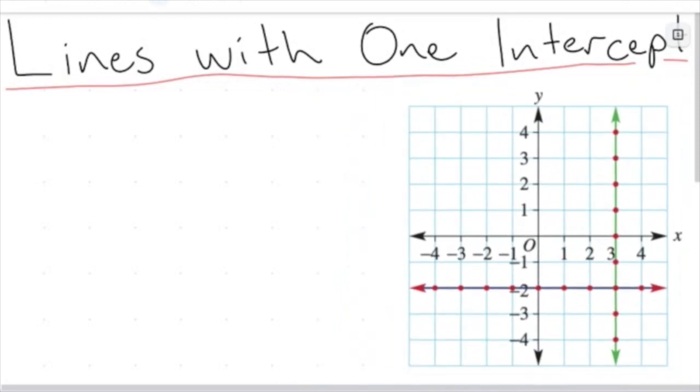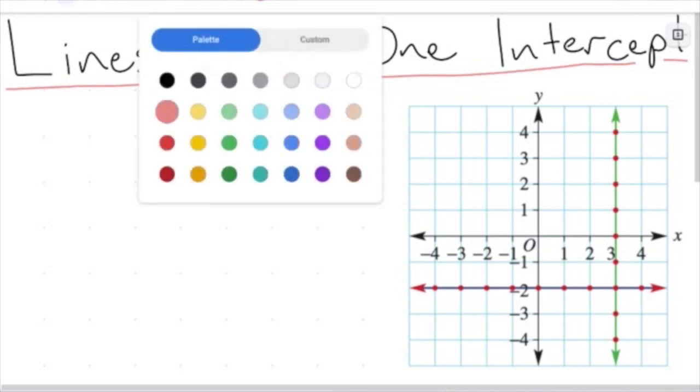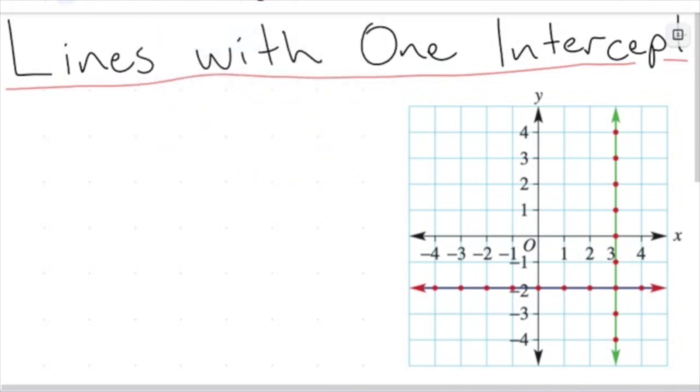Now, I'm going to move this over to this side, and I want to first look at this horizontal line. Taking everything we know about linear relationships, we're going to apply a couple of things to this line.